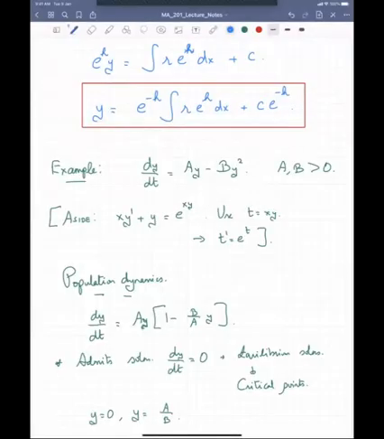The way I interpreted this graph was to say that initially y is not a large value, which means A is helping the population grow and at some point B takes over. But I can turn this around and say, what if the initial value y of 0 is 2 billion? In that case, the A term is completely negligible compared to the B term, because the by square is going to dominate when you're starting with a very large population, which means there is no chance of growth.